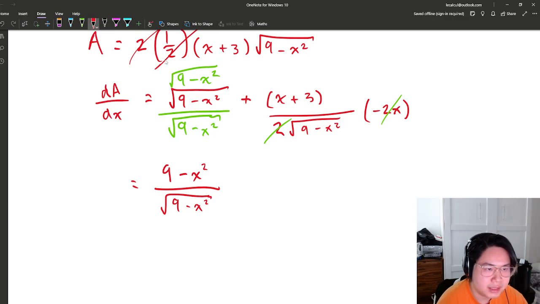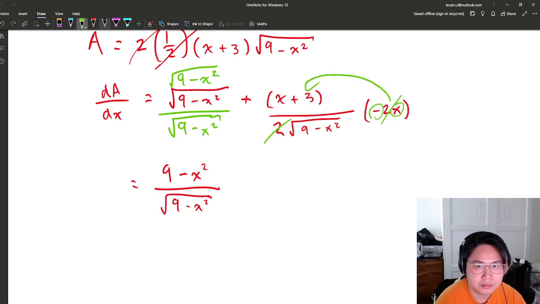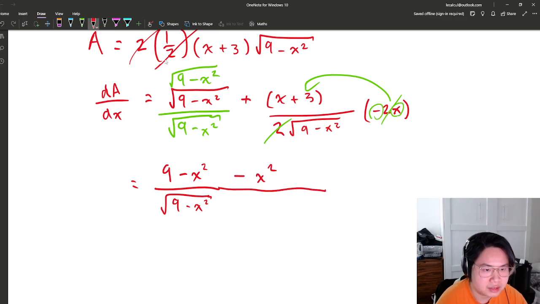And then what do I have? I have -x, and then I need to multiply it in here. So I'll have minus x squared minus 6x.